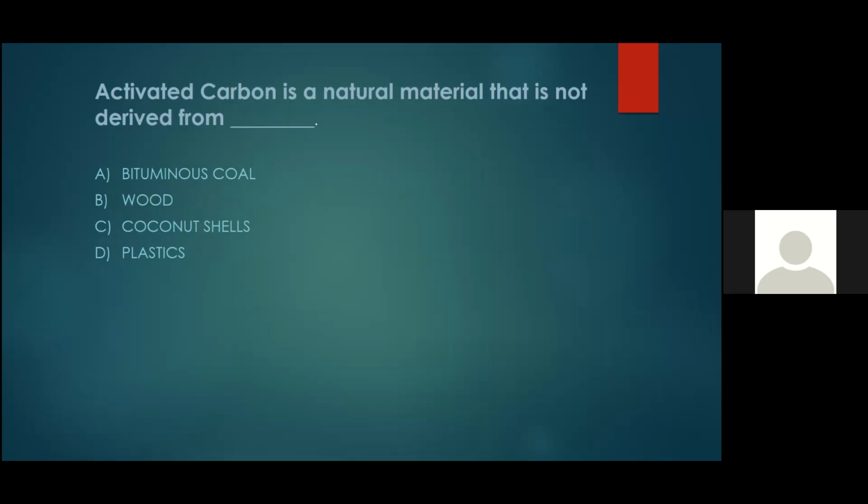Plastic. Carbon, right? That's your dead giveaway for this particular question. Activated carbon's always fired from something with a carbon base. It's usually wood, and coconut shells are probably the most widely used activated carbon sources. Definitely not plastics or any sort of resins. It's all got to be natural, organic type material.